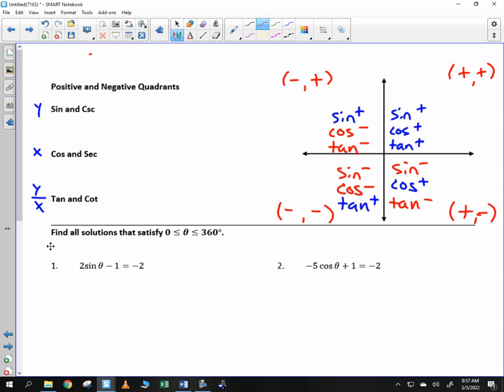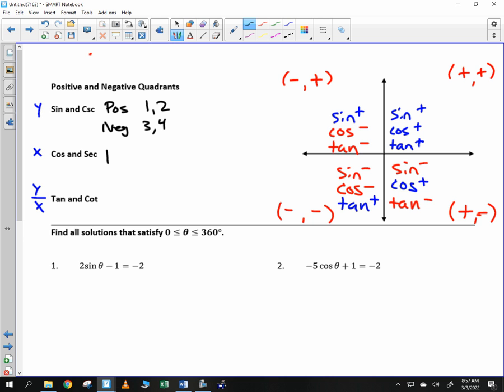So what we've learned is that sine and cosecant are positive in the first and second, negative in the third and fourth. How about cosine?